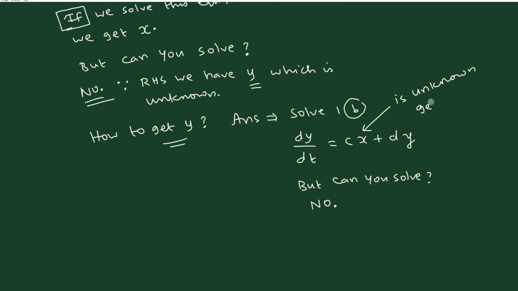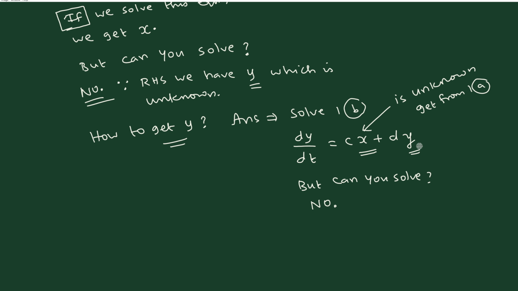We have to understand that x comes from 1a. So equation number 1a will give you the x value, and that is what you have to substitute here. So this thing you can fill only if you solve 1a, and this one you will be getting only if you solve 1b. But both of them we cannot solve. Ultimately, that is the answer.